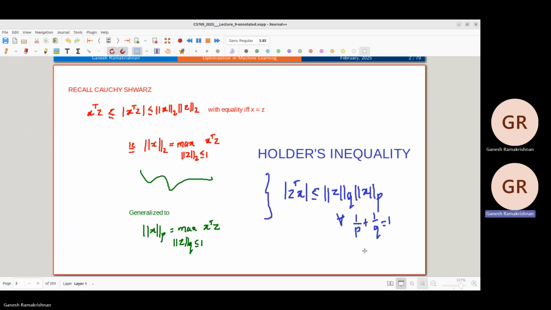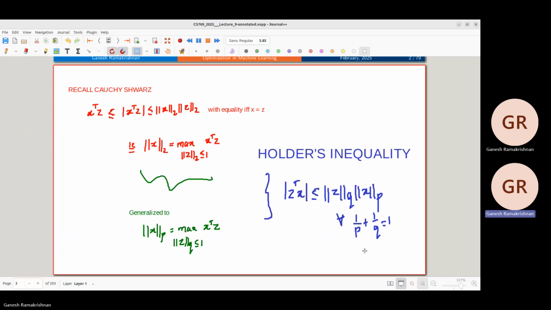So that's what you're supposed to recap. We had some expression here, and we set off with Hölder's inequality.